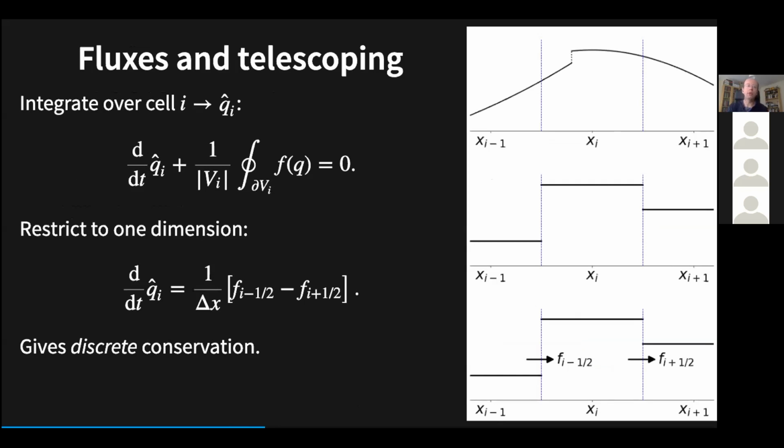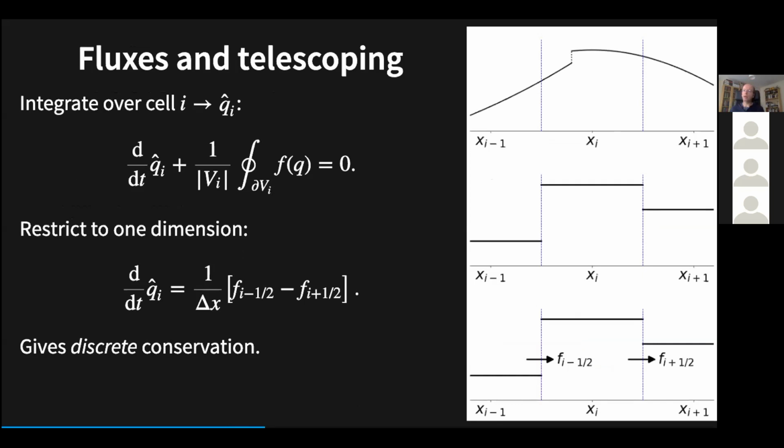And what we do is we take our original conservation law, dq/dt plus divergence of f is equal to 0. And then we're going to integrate that conservation law over a domain.